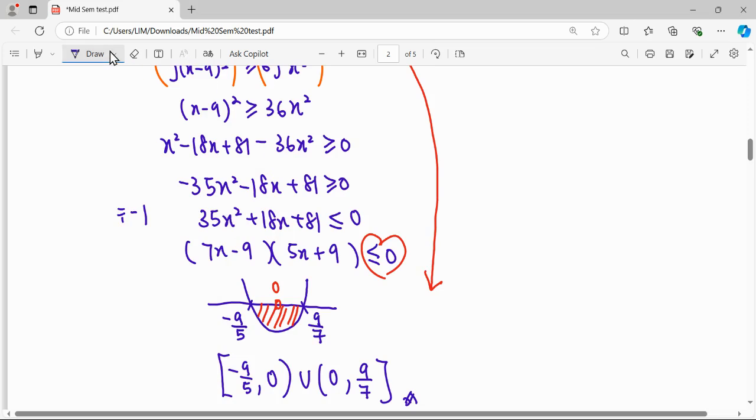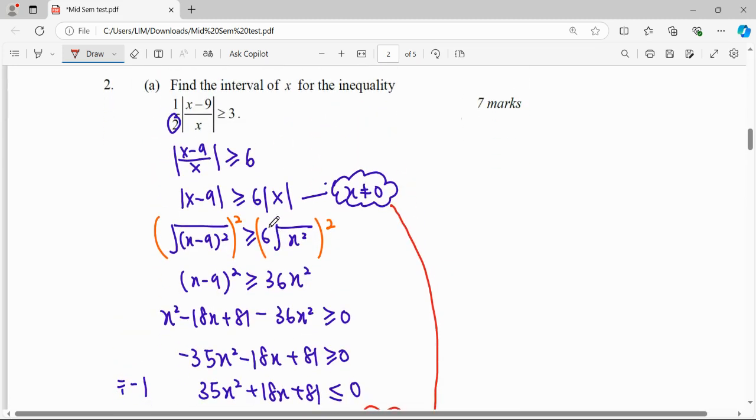Then we see what is important here. First of all, when you move your denominator to the right hand side, forming modulus on both sides, remember to state your precondition that the denominator is not equal to 0. Then squaring both sides, expand these inequalities correctly.